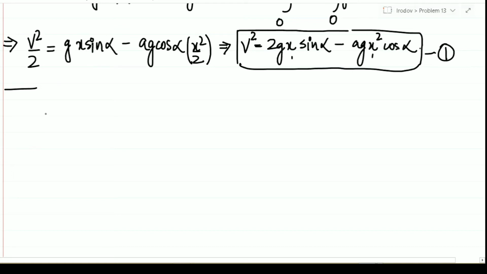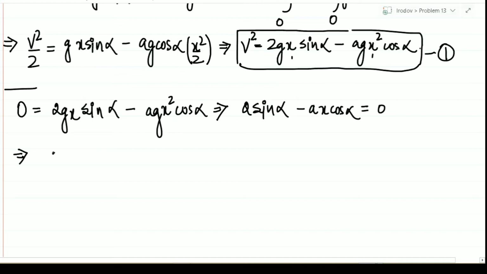At the point it stops, the velocity v in the first equation that we've got is equal to 0, so 0 is equal to 2gx sine alpha minus ag x square cos of alpha.